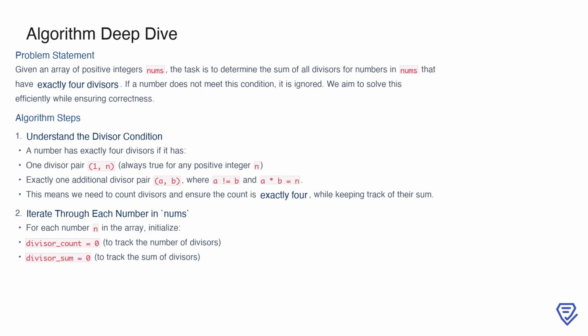This means the total divisor count must equal 4, and we need to track and sum these divisors. The algorithm begins by iterating through each number in the array. For every number, we initialize 2 variables, divisor_count to count the total divisors and divisor_sum to keep track of their sum. These variables will help us determine which numbers meet the condition and contribute to the final result.